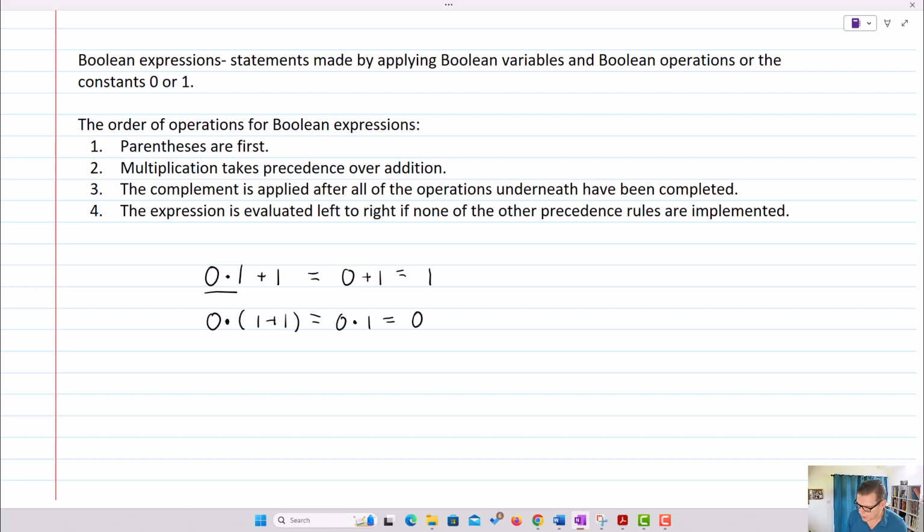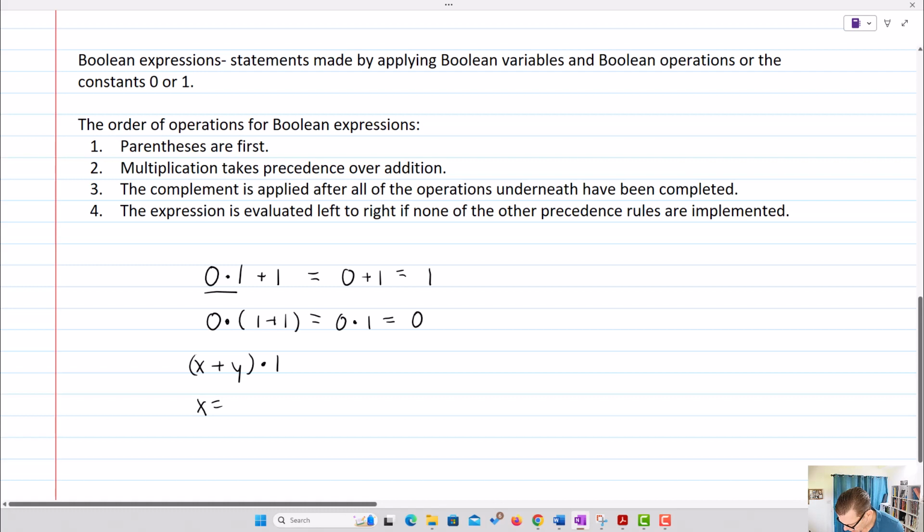Let's say, for example, that now we're going to take x plus y times 1. Now, x and y are variables. And so we can have the 0, we can have a 1, or any combination of those. So let's imagine we let x equal 0 and y equal 0.